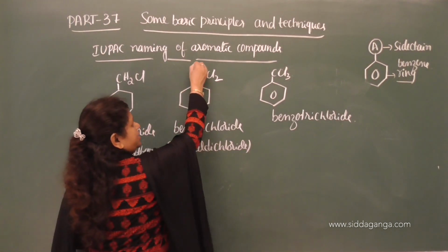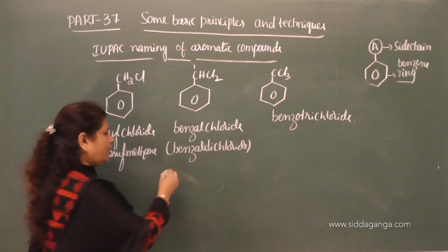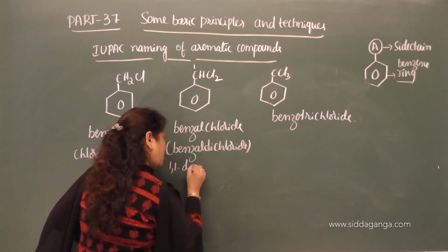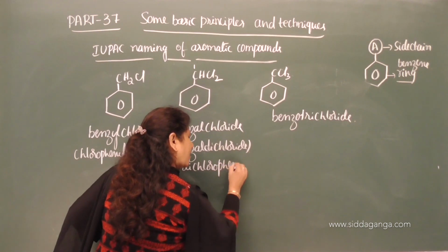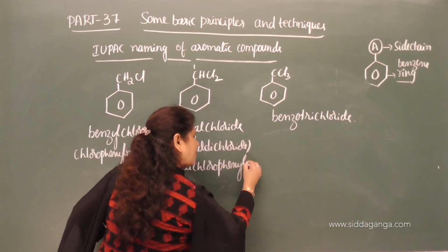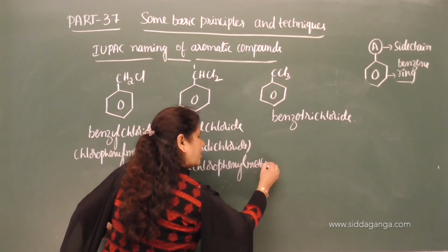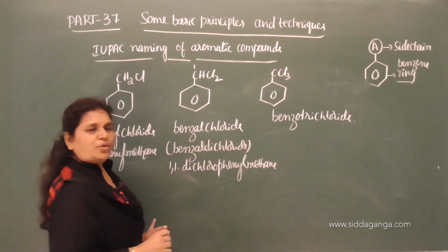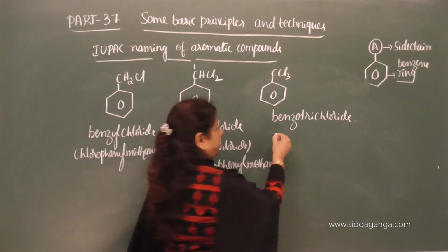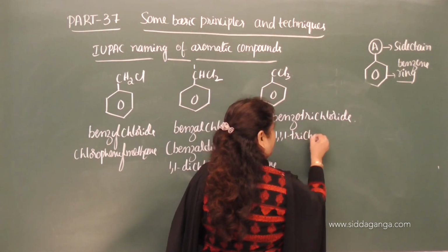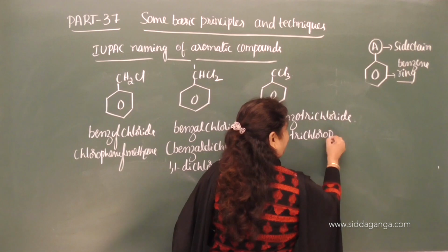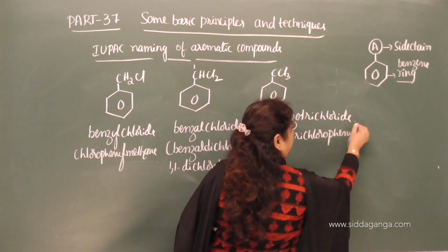Similarly, this is only one carbon. You can name it as 1,1-dichloro-phenyl methane. And what about this? 1,1,1-trichloro-phenyl methane.